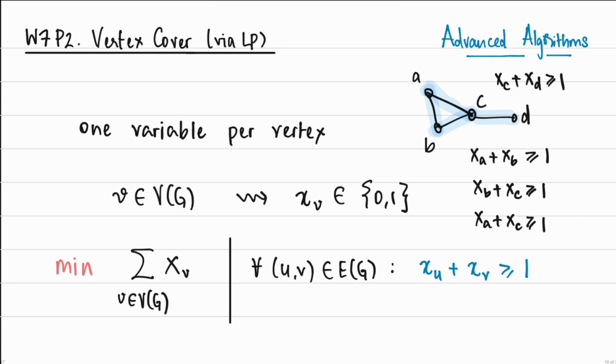So you have these 4 constraints here with 4 variables, and all of those variables take 0, 1 values.